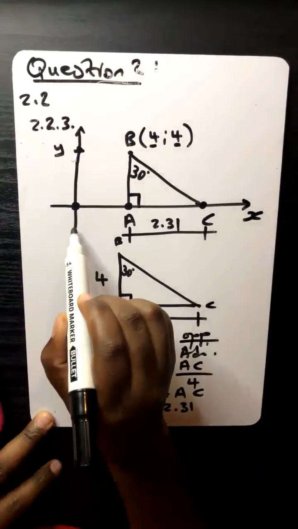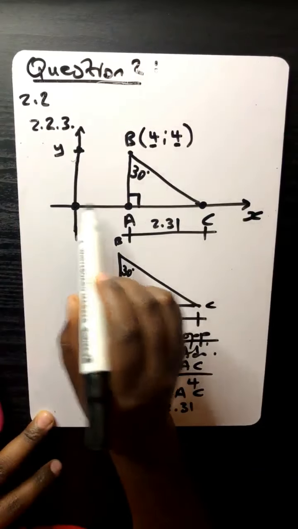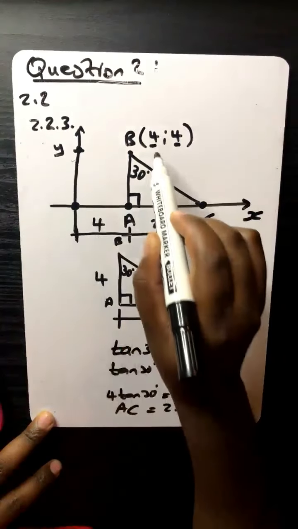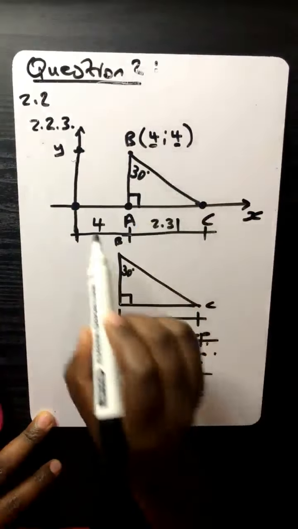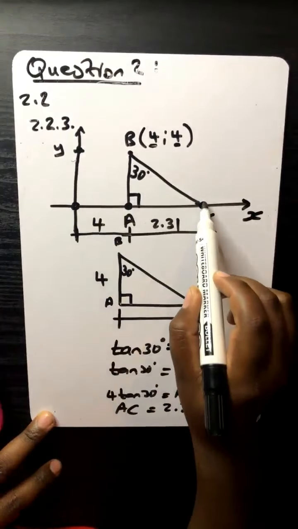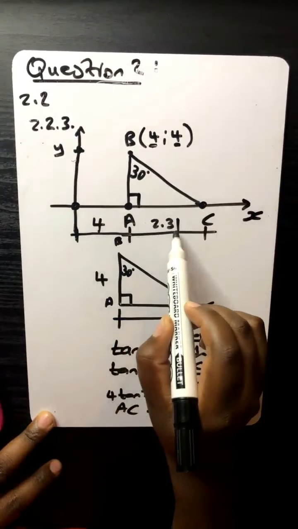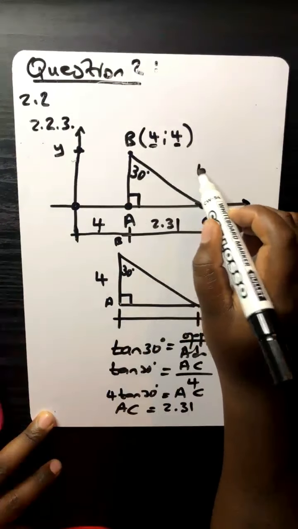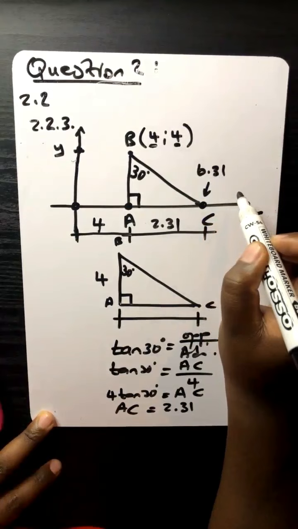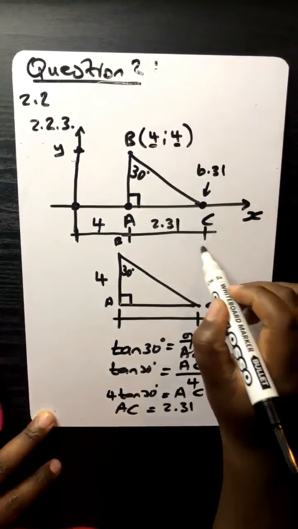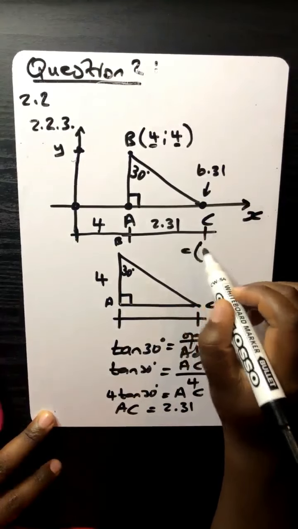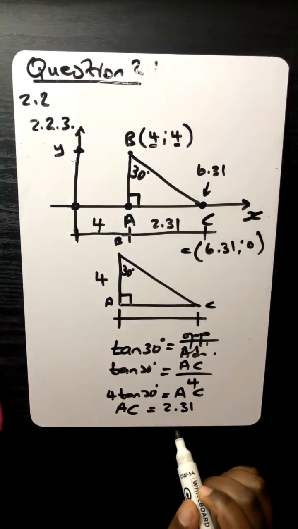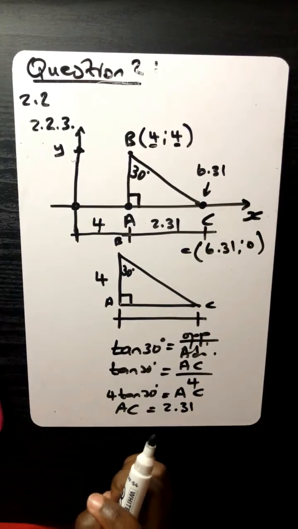Then from here to there is 4, guys. Is that 4? Then it means from here to there is 4 plus 2,31. So this point there is actually 6,31. That means the coordinates of C are 6,31 and 0. I'm not sure if it now makes sense, guys.